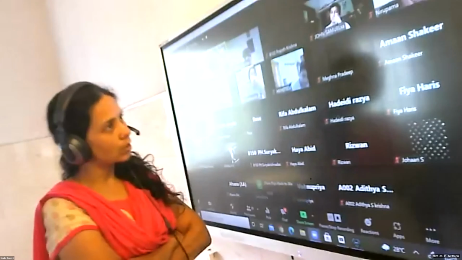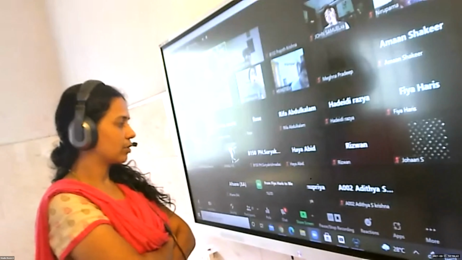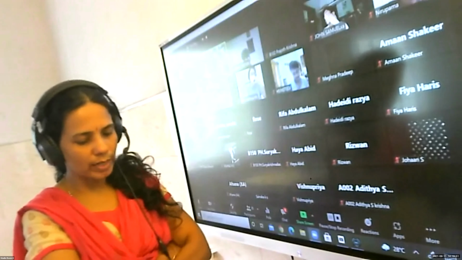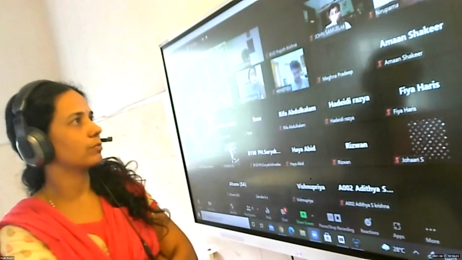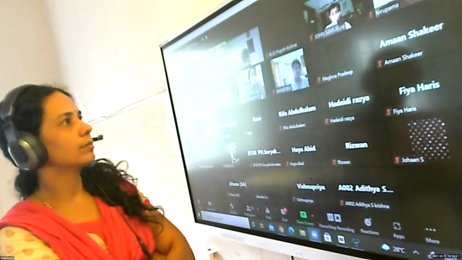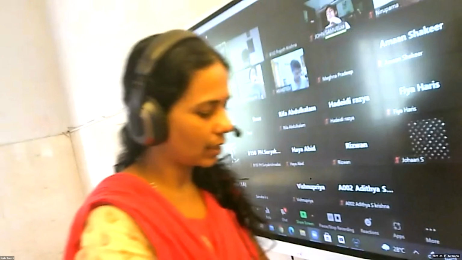There are 20 bulbs in total, of which 4 are defective. The question asks for the probability of getting a defective bulb. So the answer is 4 by 20.